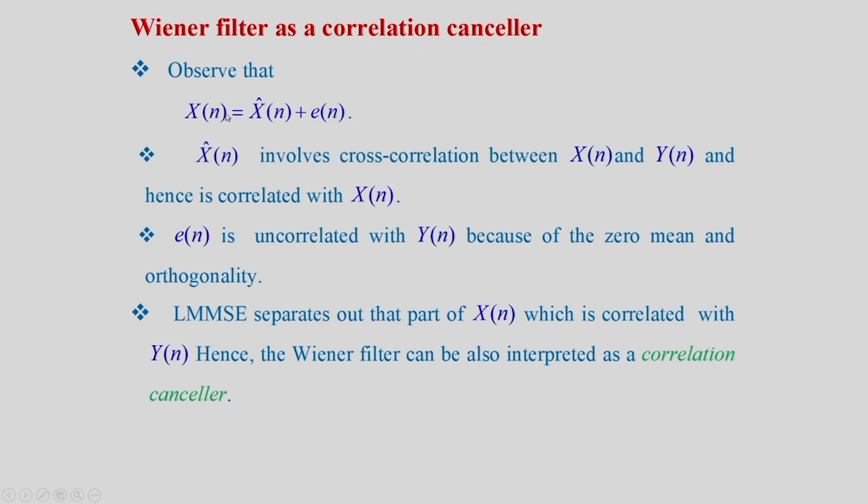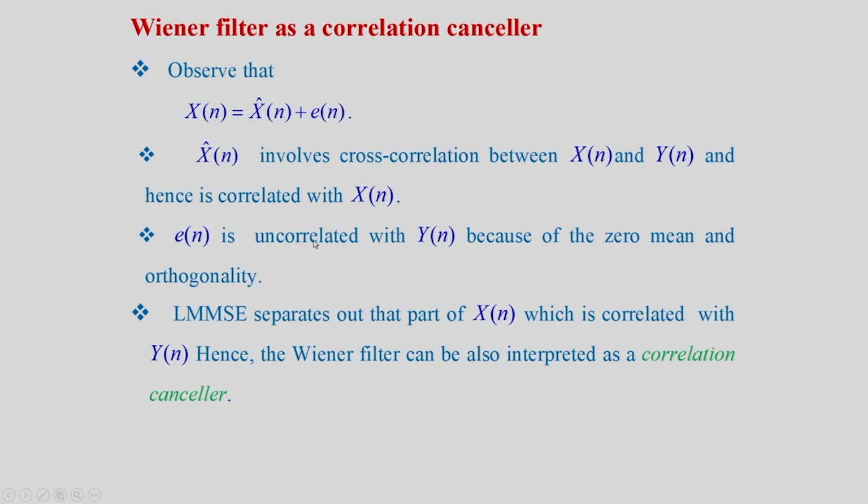Observe that x n, that is the unknown signal, is the estimated signal x hat n plus error E n. Now, x hat n involves cross correlation between x n and y n, and hence x hat n will be correlated with y n.